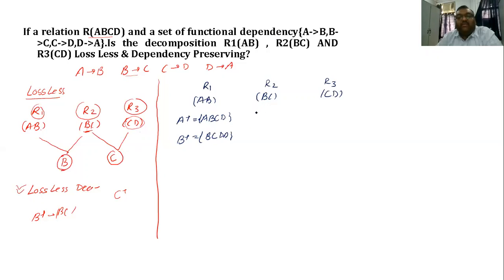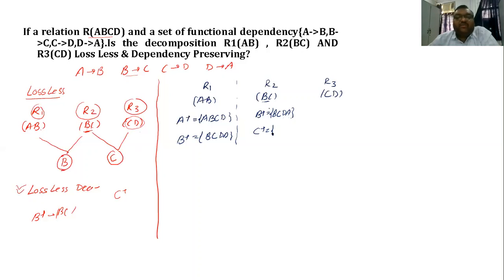I'm just finding the closure of B with respect to all relations. But with respect to just this relation, there's no need to write D and A. If you write them there is no problem, but no need because we're talking in terms of BC, right?